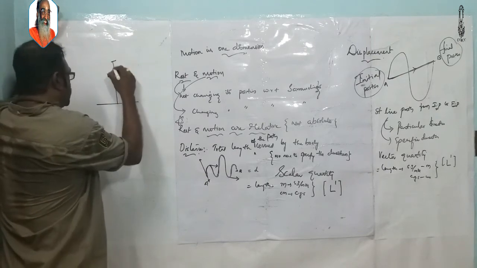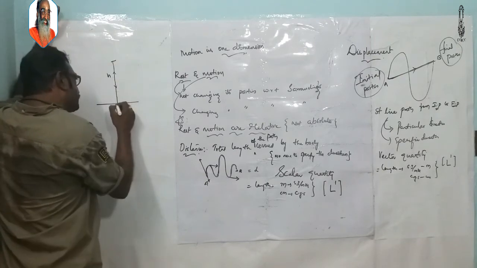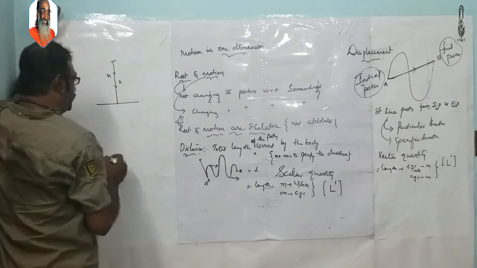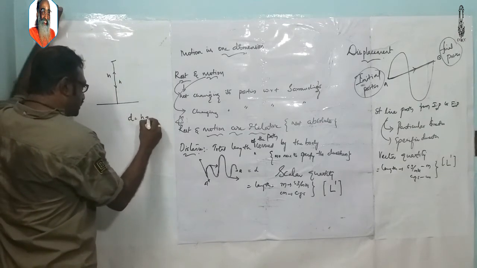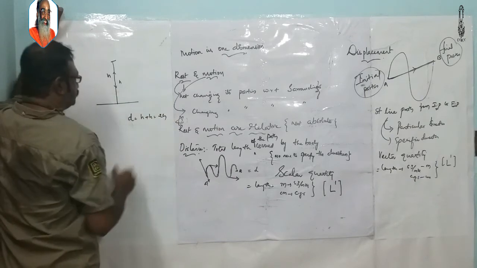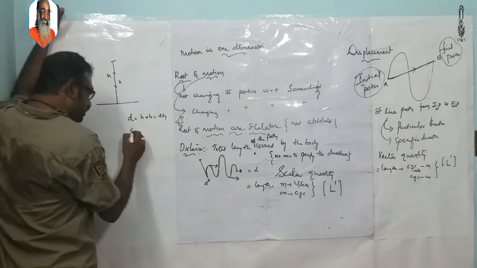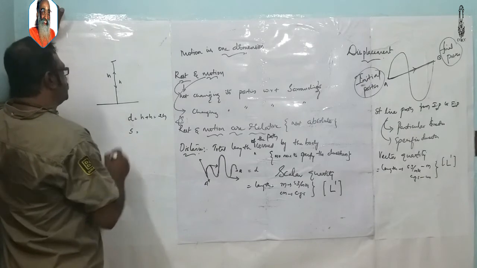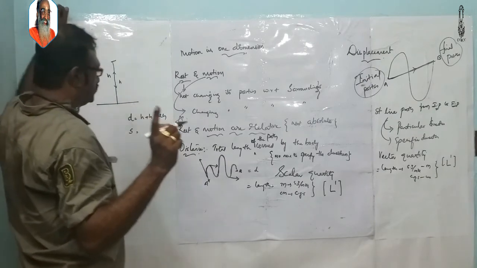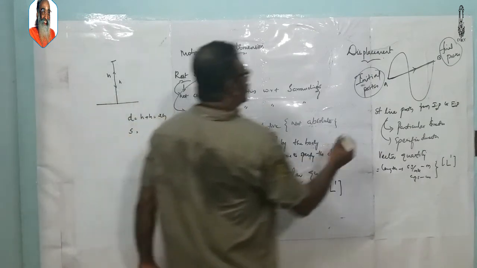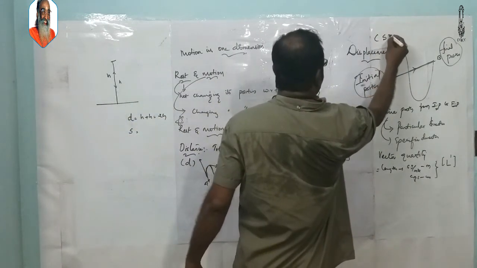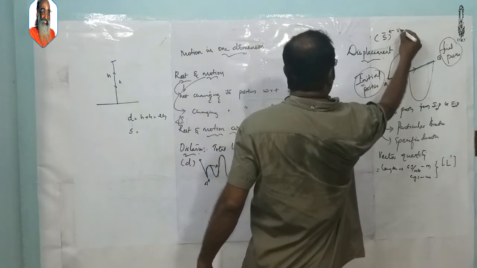That means it comes to the same point and travels the same distance, h. If I ask you what is the distance, distance is h plus h, that is 2h. And what is the displacement? Displacement is, and here I'll tell you one thing, distance is denoted by d and the displacement is denoted by s, and if you want you can keep a bar on it showing that it is a vector quantity.